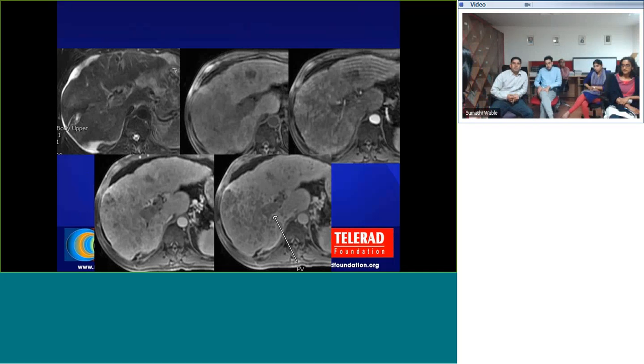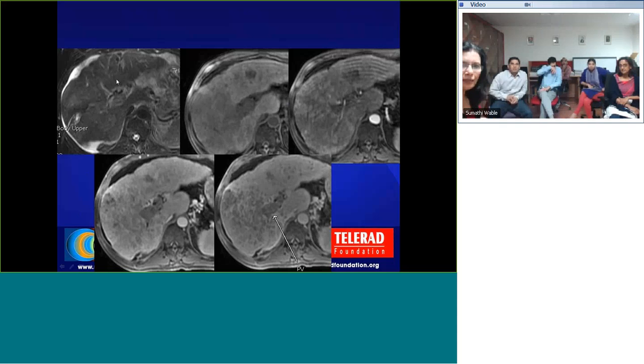So you can always ask them, is this all you have, or did you do any other T2 or diffusion-weighted images? Maybe they did, and maybe they thought it's not important to send it to you. Who knows, right? So just keep that in mind, especially when you're reading these kind of tricky cases.